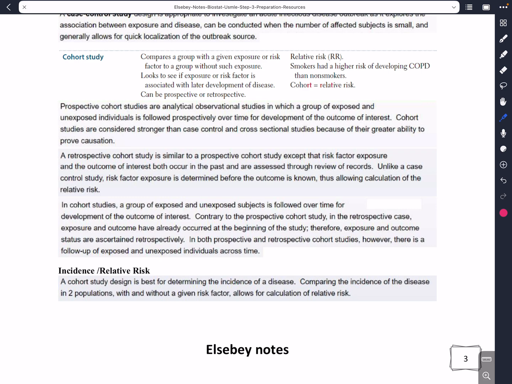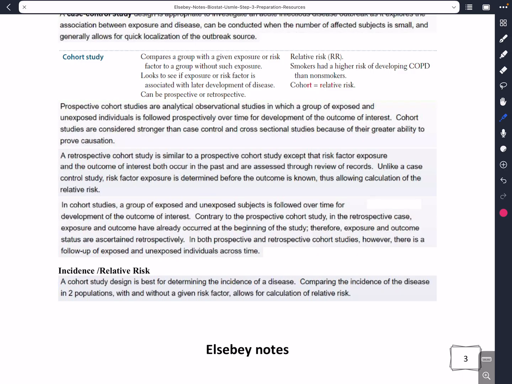A retrospective cohort study is similar to a prospective cohort study, except that risk factor, exposure, and the outcome of interest both occur in the past and are assessed through review of records. Unlike a case control study, risk factor exposure is determined before the outcome and is known, thus allowing calculation of the relative risk.